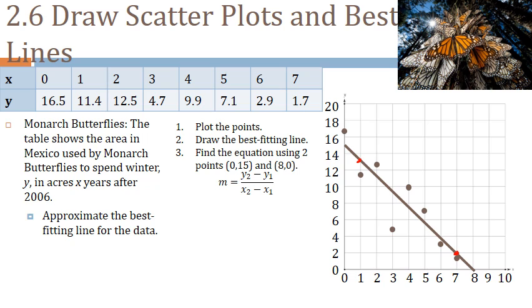So use the slope formula to find the slope, which is negative 1.875. And I know the y-intercept just by looking at my graph. It's about 15. So I can just plug this into y equals mx plus b. I know the slope, I know the y-intercept, fill in the numbers, and that's the equation of the best fitting line.